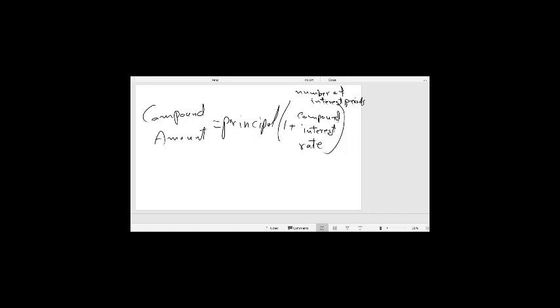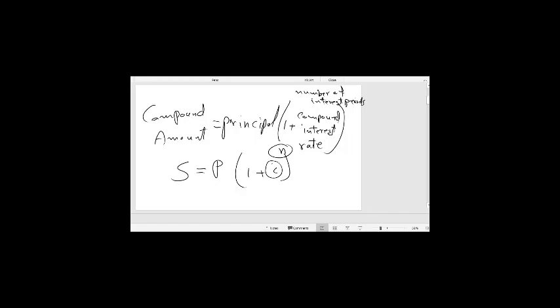The future value S equals principal P times 1 plus compound interest rate I to the power number of interest periods N. Actually, we have a lot of issues in terms of N and I. We will go to it after introducing an example for the main equation of learning how to calculate compound amount.